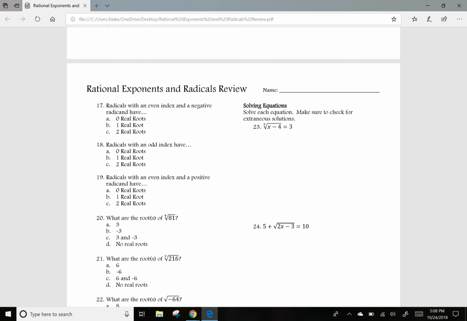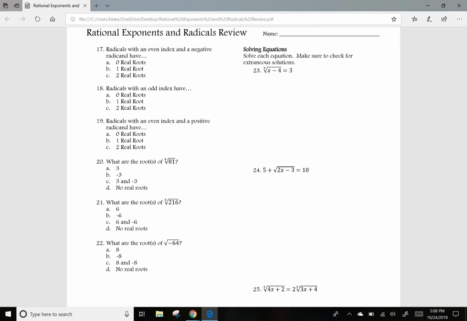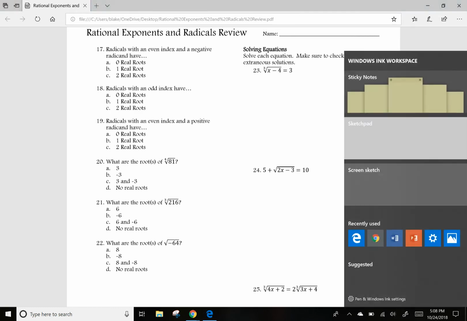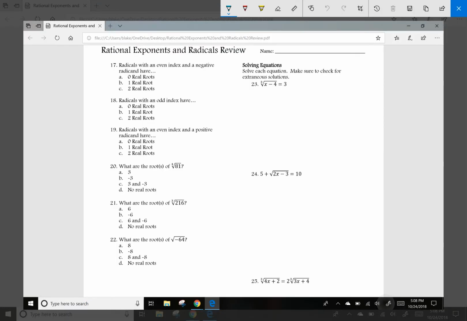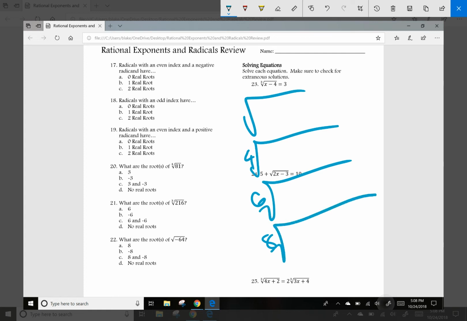All right, now number 17, 18, 19, 20, 21, 22. We didn't really go over this much, but I'll quickly explain it. So radicals with an even index and a negative radicand. That means radicals like the square roots or fourth roots or sixth roots, eighth roots, an even index number.